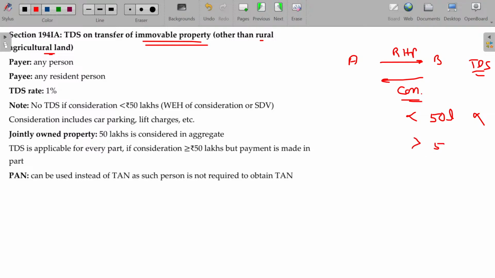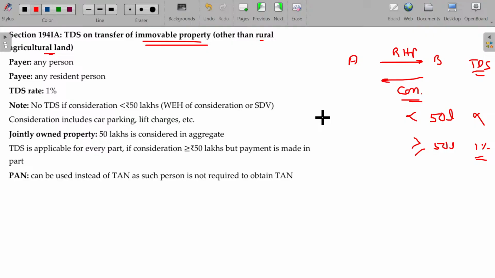If it is more than 50 lakhs or equal to 50 lakhs, TDS is applicable, okay, at the rate of 1%. Small number. To collect this 1%, we are confirming that TDS is applicable there. Is that clear? To confirm there is a transaction, it is intimated anyway to the government.